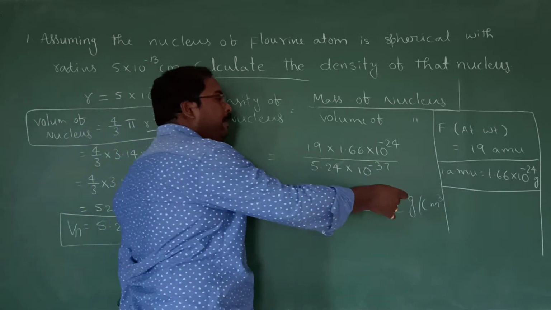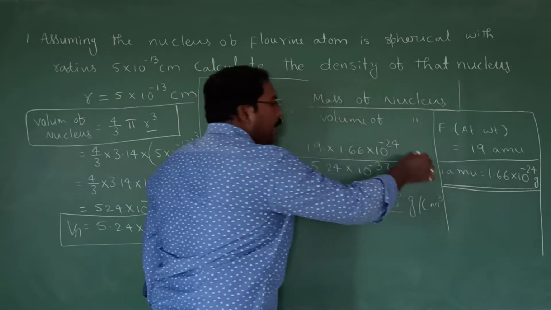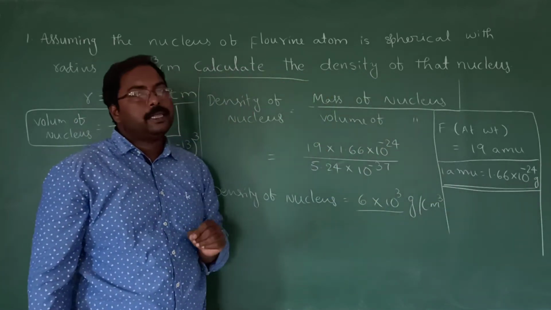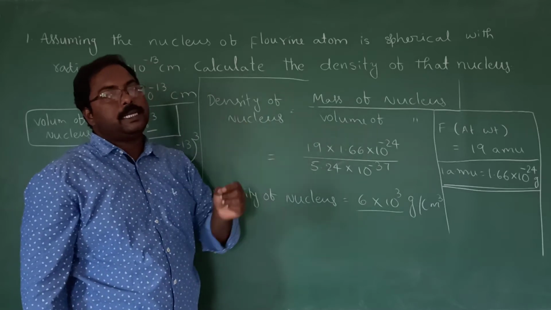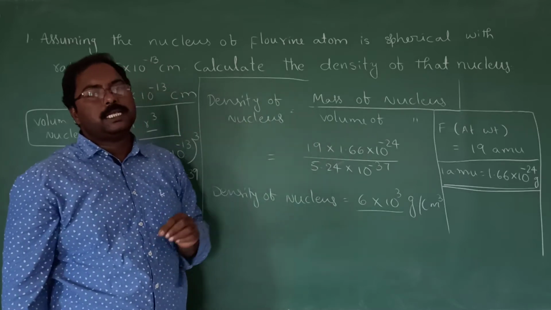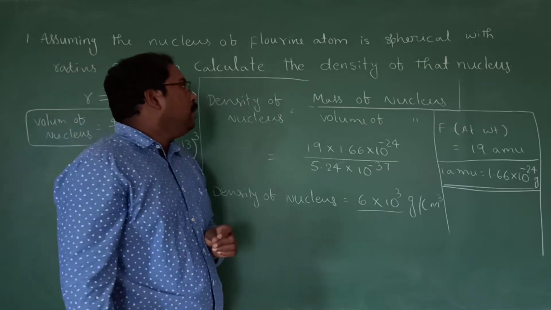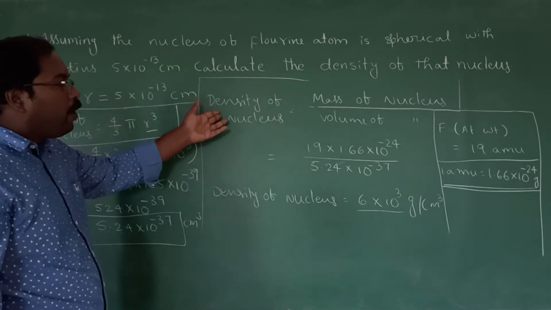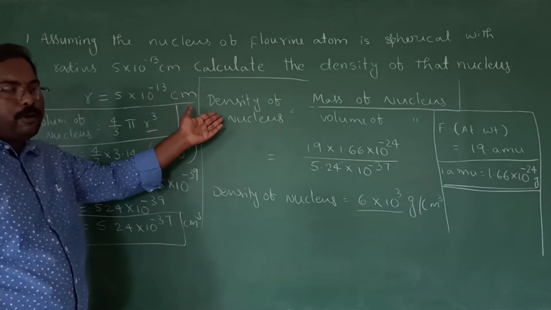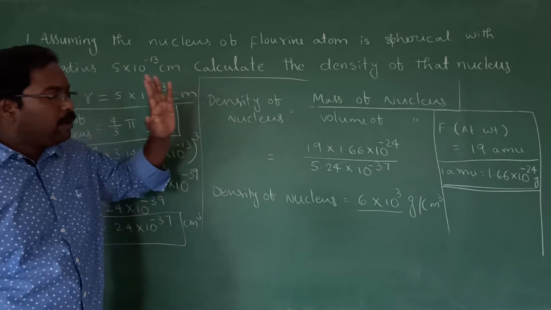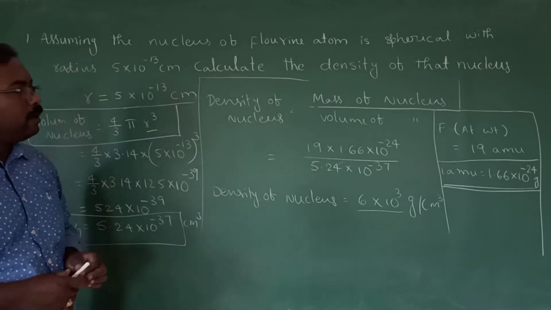Or simply remember that to convert atomic mass unit into grams, we multiply it with 1.66 into 10 to the power minus 24 grams. Then simply the density formula, anyway every one of you knows the formula, mass by volume. We substituted and have done the calculation. Right? Note it down.